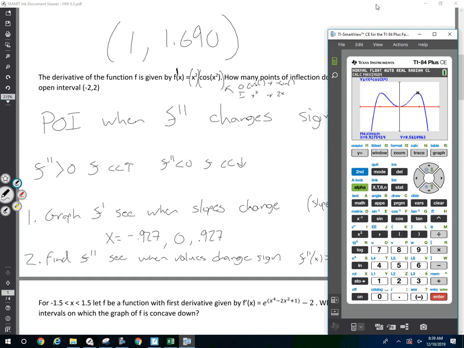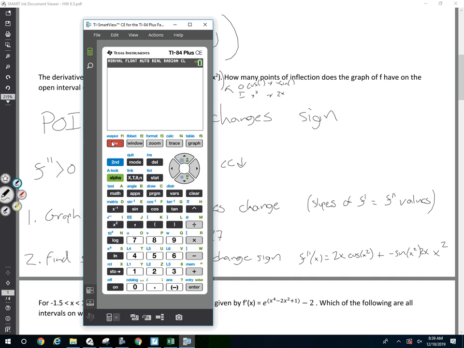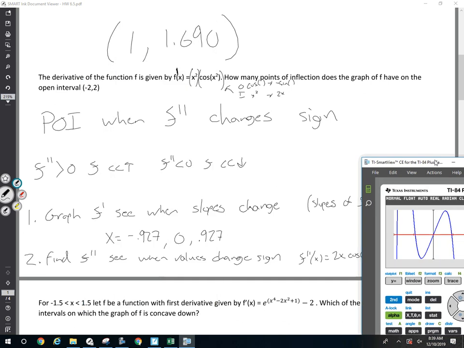Watch out, if I graph f double prime, 2x cos x squared plus, this will be negative 2x cubed sine x squared. I'm going to see, we're going to change signs. I made a mistake.